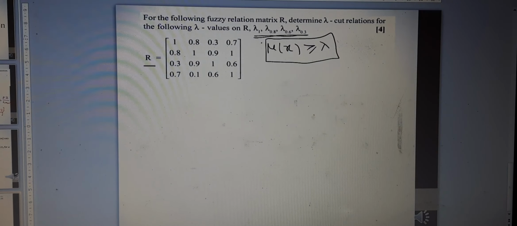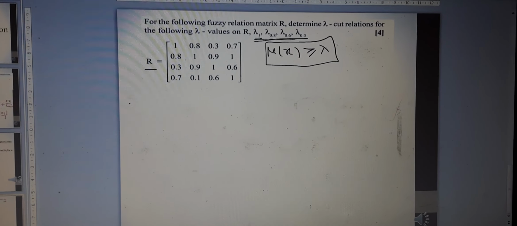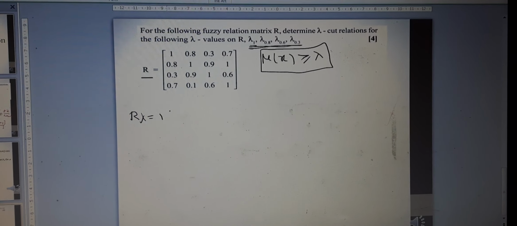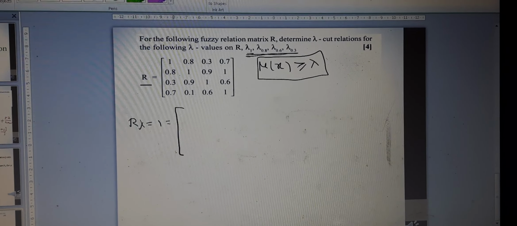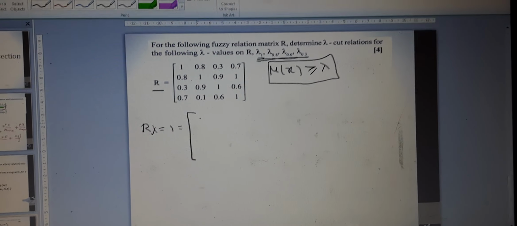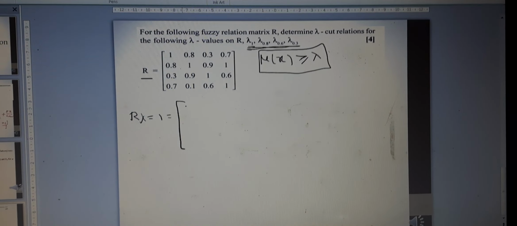First, you have to find the relation R for the value of lambda equal to 1. So how do you write it down? You have to consider all elements whose value is greater than or equal to 1.